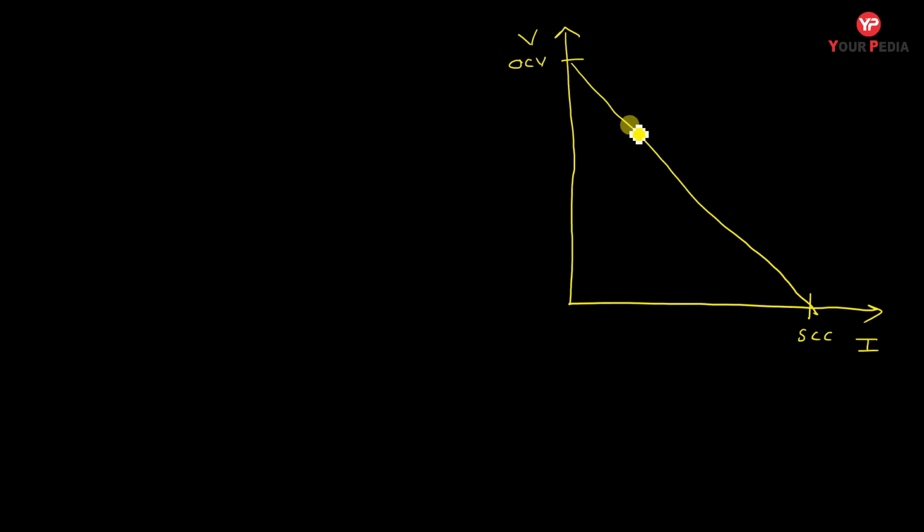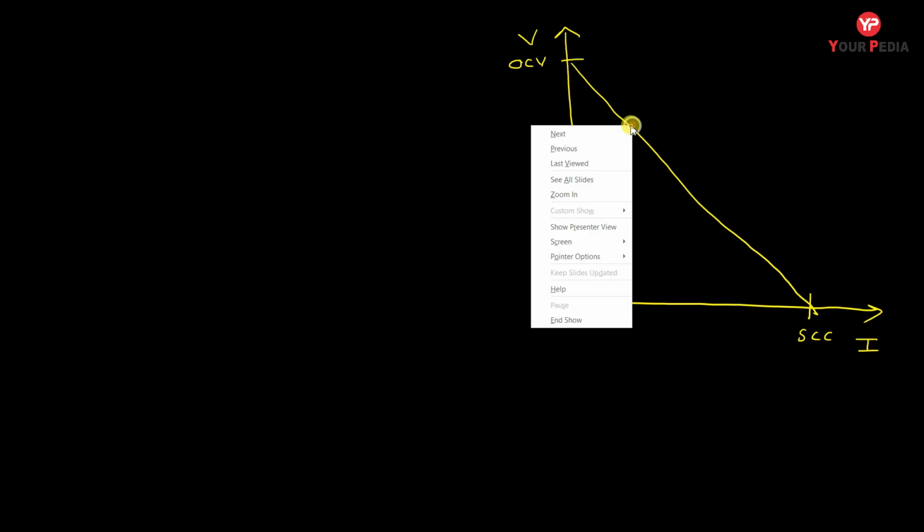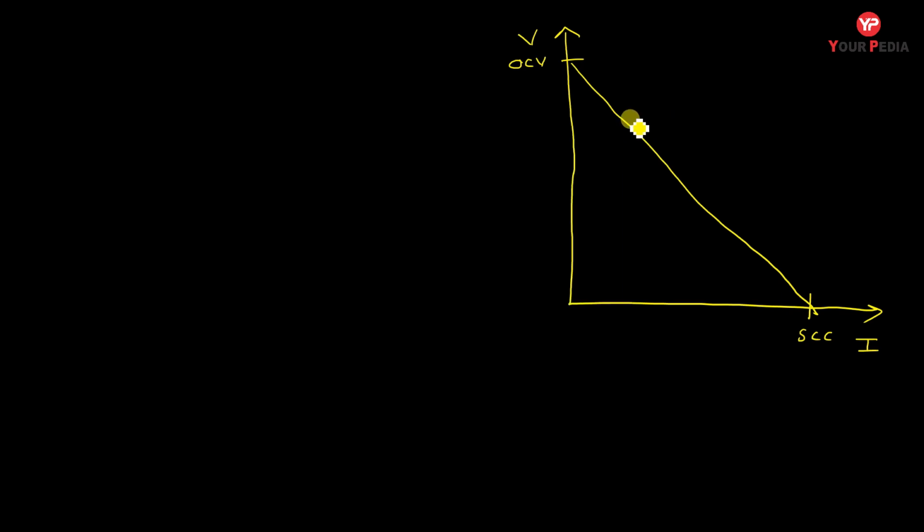So we basically fix 1 to 2 points. For example, this is point number 1 and this is point number 2. In between this range our machine is going to operate. Corresponding to these points the voltages are V1 and V2, and the currents are I1 and I2.